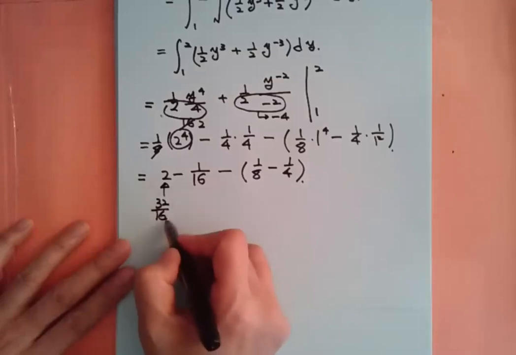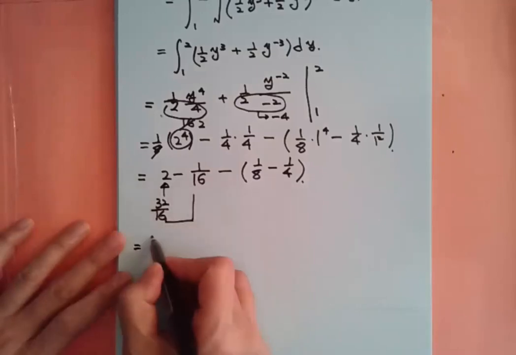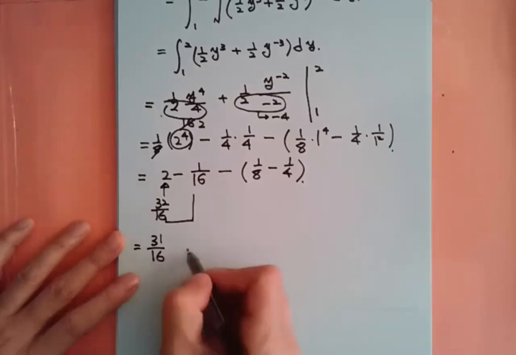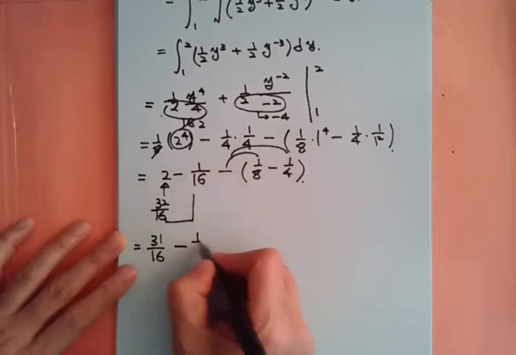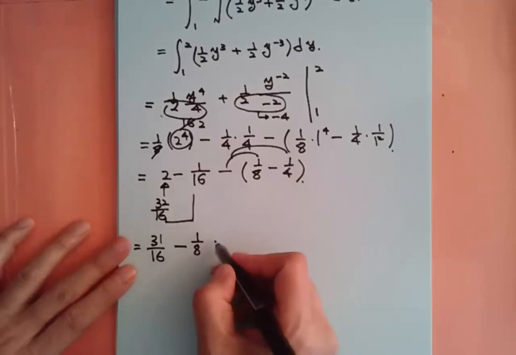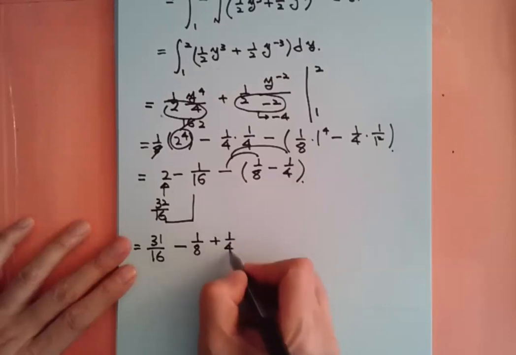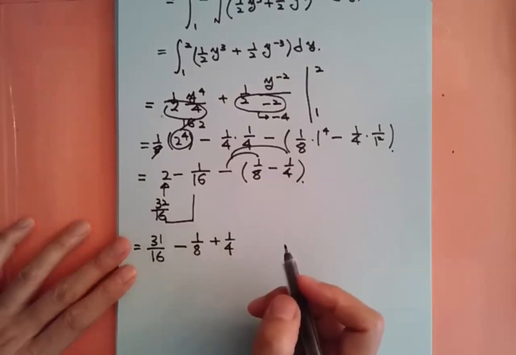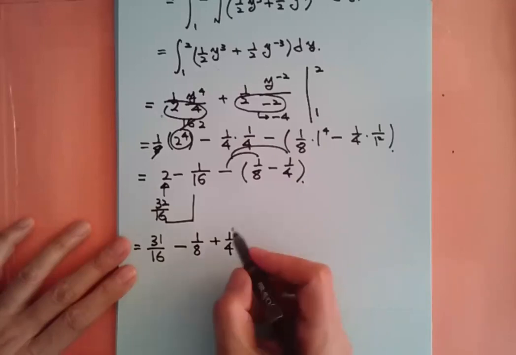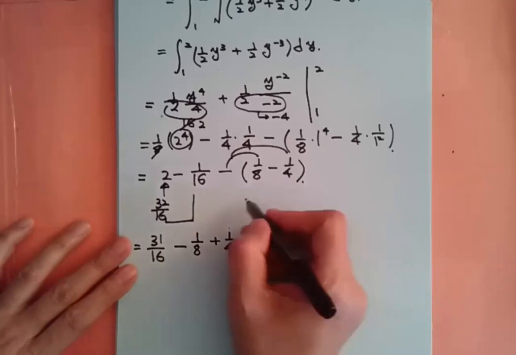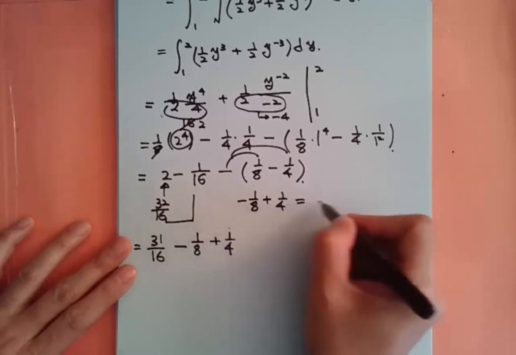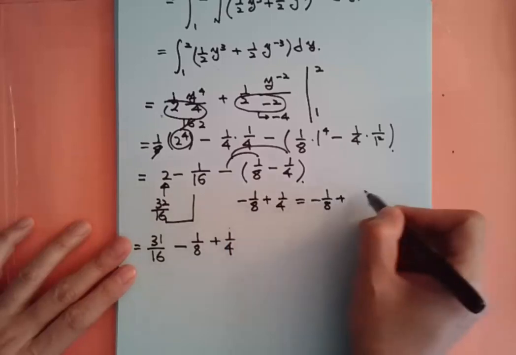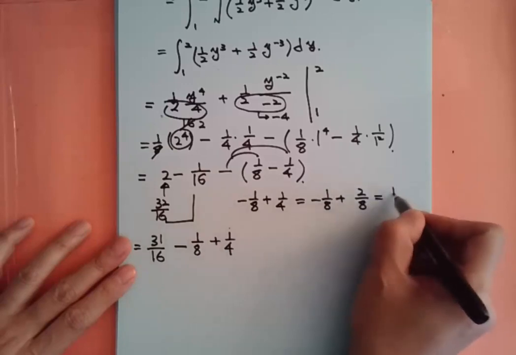And so when we combine these two, we will get 31 over 16 minus, with distribution, negative 1 over 8 plus 1 over 4. And so negative 1 over 8 plus 1 over 4 is negative 1 over 8 plus 2 over 8, which is 1 over 8.